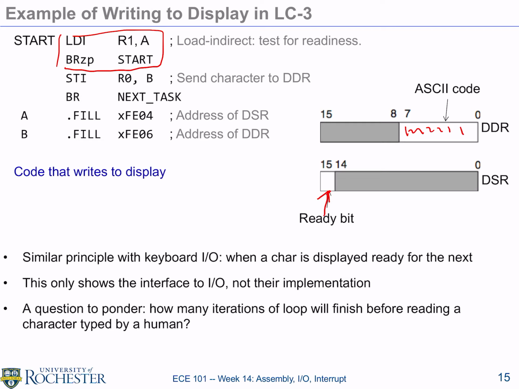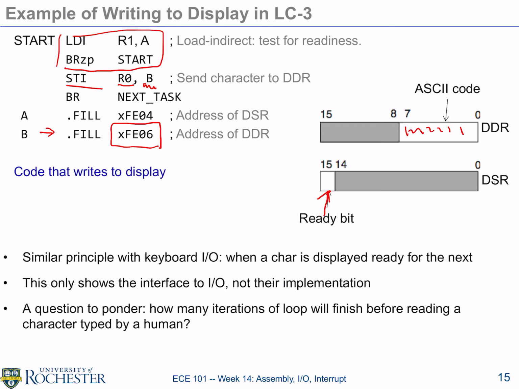And this time, the thing that we're doing is a store indirect instruction, which is just about the opposite of load indirect. It doesn't store the value into memory address B, which is here. It's not storing into it. It's storing into this address.